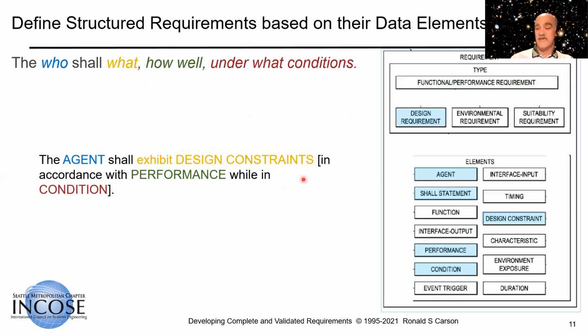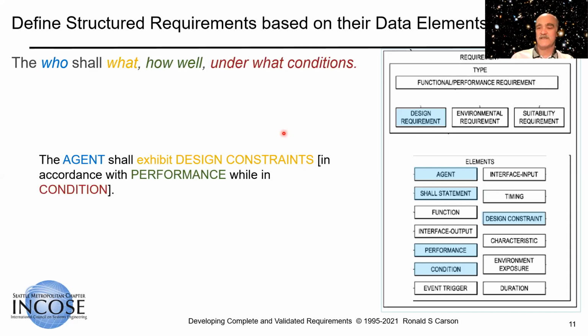But there may be performance elements, like if you're talking about weight or color, you might want to designate a performance attribute. And there might be a condition statement like dry weight or empty weight. But we made those optional in this construct because we realized there's some things that are just absolute.